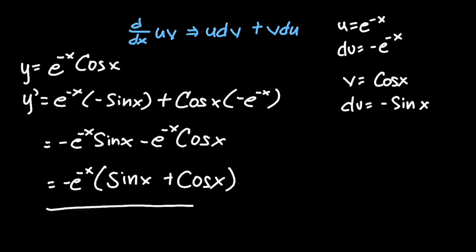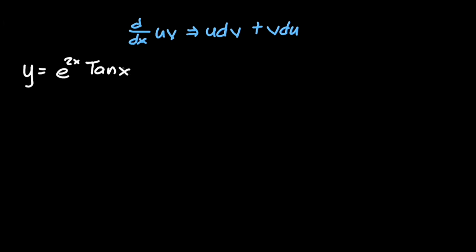Let's solve this. e raised to the power of 2x multiplied by tangent of x. U here would be e raised to the power of 2x. Derivative of e raised to the power of 2x would be 2e raised to the power of 2x. V here would be tangent of x.